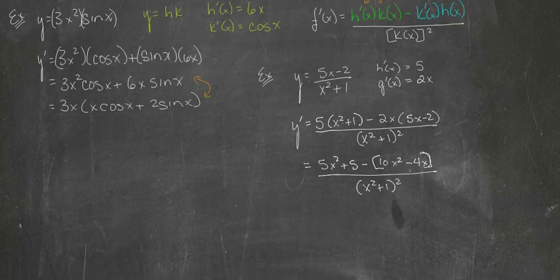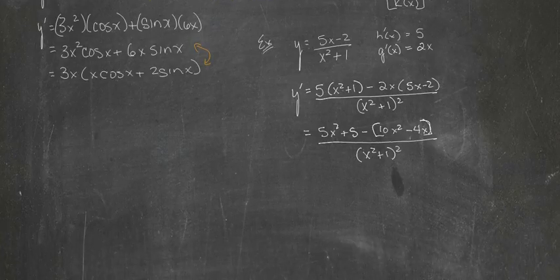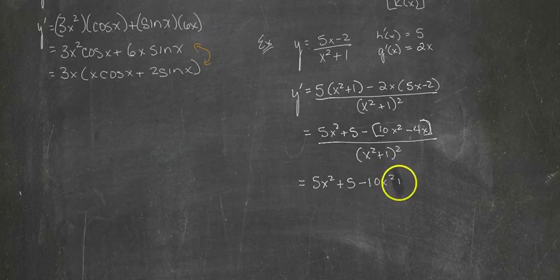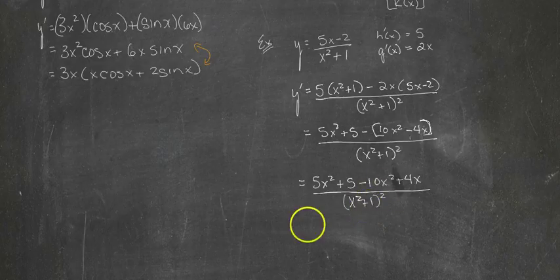I probably won't ever have to expand it, but if I need to, I can always do it later. So I have 5x squared plus 5 minus 10x squared plus 4x over x squared plus 1 all squared.